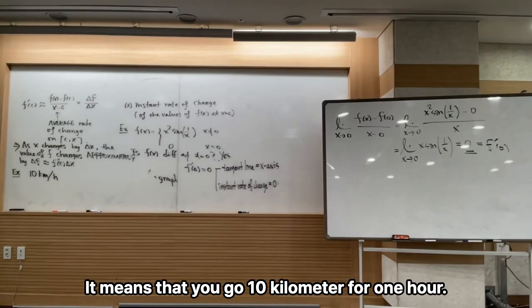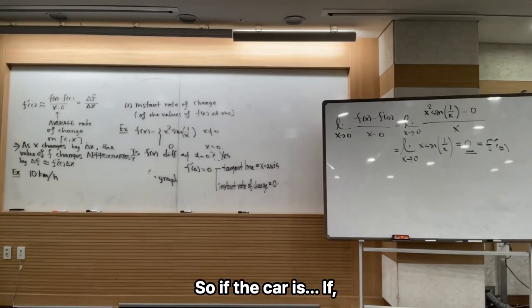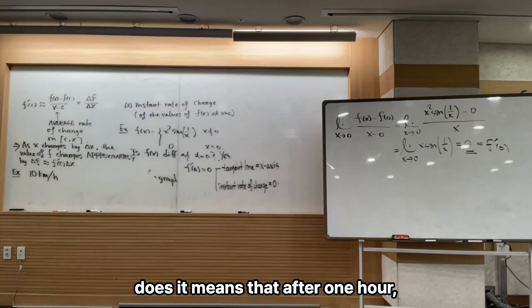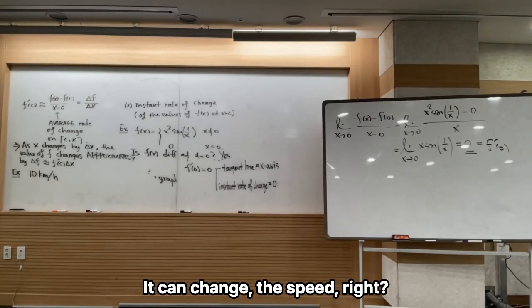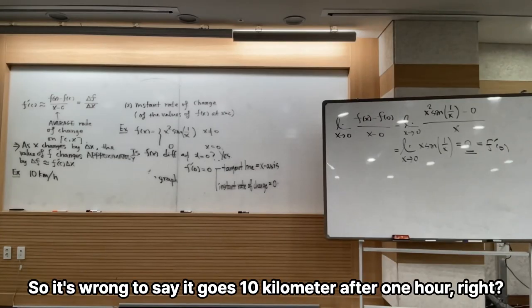It means that you go 10 kilometers in 1 hour. But is it really true? If the velocity of a car is 10 kilometers per hour, does it mean that after 1 hour, the car actually goes exactly 10 kilometers? It depends, right? It can change the speed. So it's wrong to say it goes 10 kilometers after 1 hour.